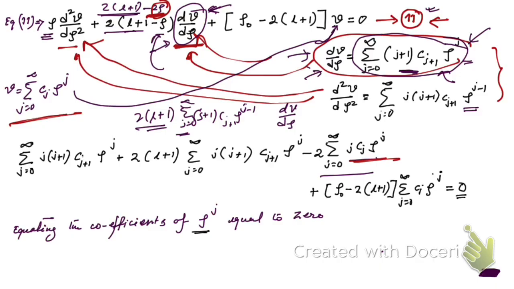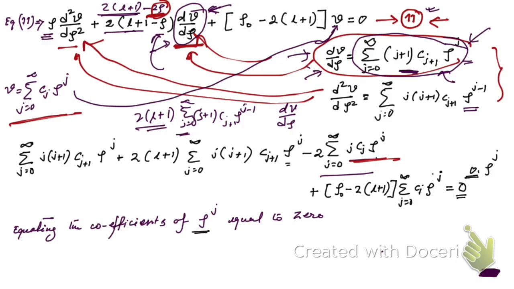Equating the coefficient of rho to the power j to 0 means, in this equation on the right hand side we have 0, so you can consider 0 into rho to the power j, so the coefficient is 0. On the left hand side, the coefficients of rho to the power j must be equal to 0.